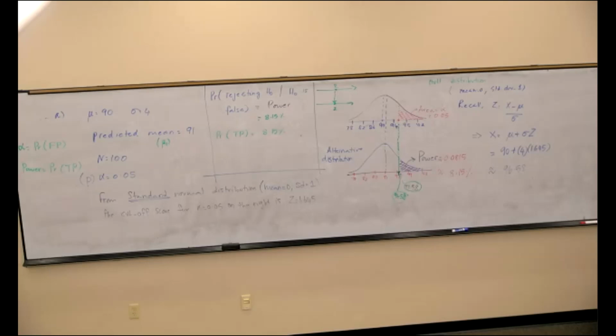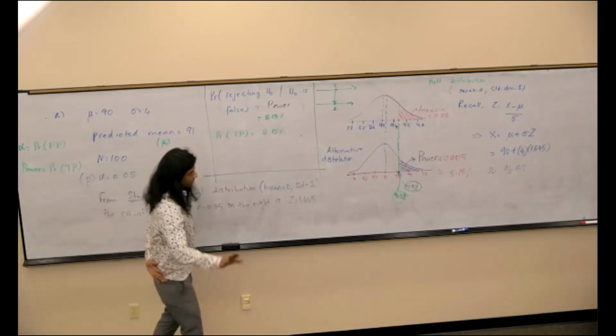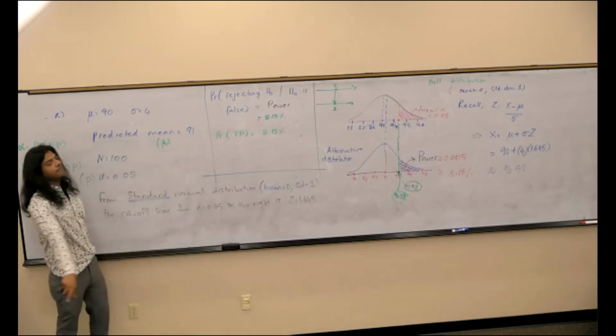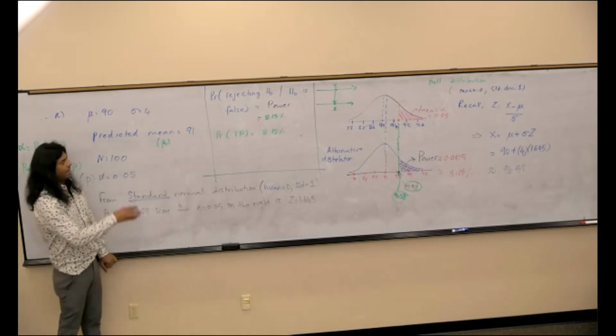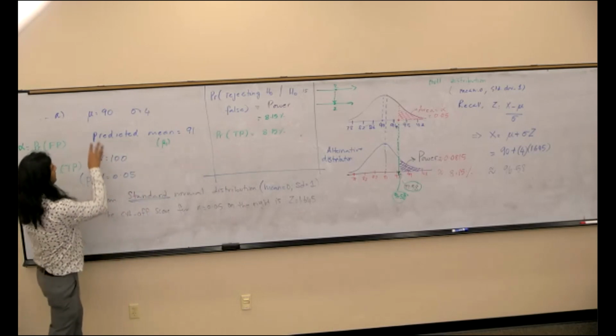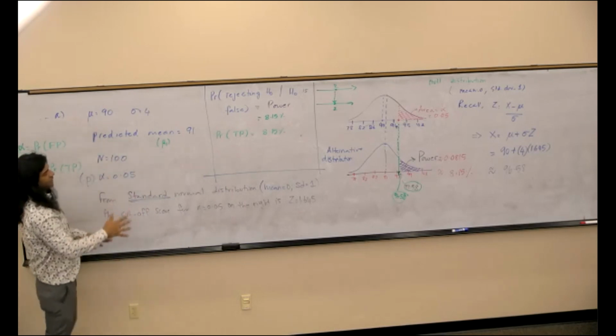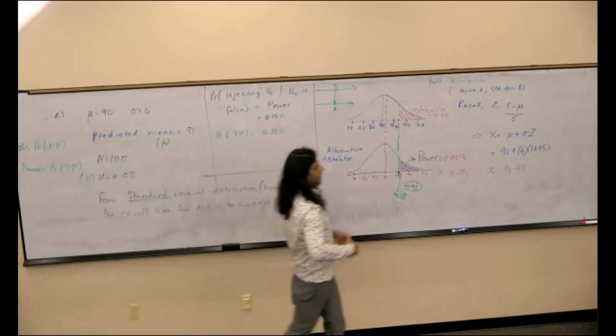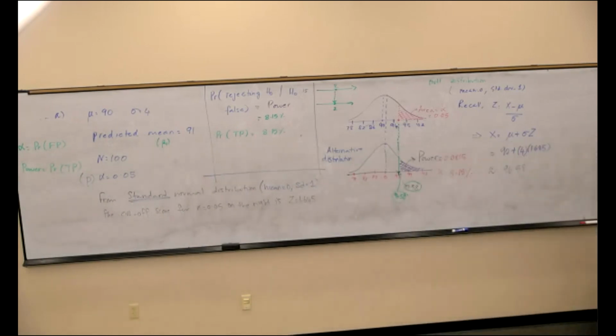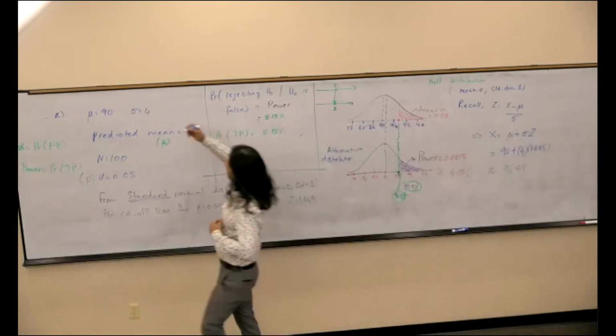We will get to that in a second. So last time we actually ended with the conclusion. I asked you, well, if the null is mu less than or equal to 90, and the predicted value is higher, which is why we did a right tail test.